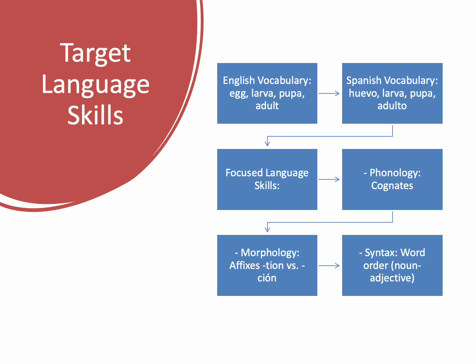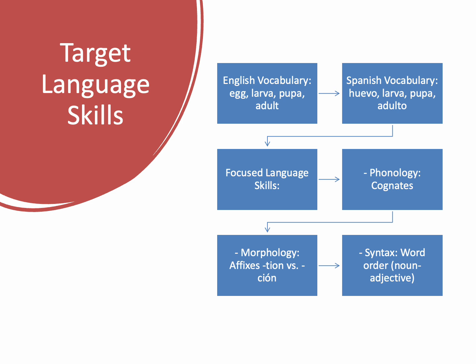In our target language skill, we focus on 4 key vocabulary words: egg, larva, pupa, and adult. These are central to the life cycle unit. In Spanish, las palabras son huevo, larva, pupa, and adulto. These offer ideal chances to discuss language structures.